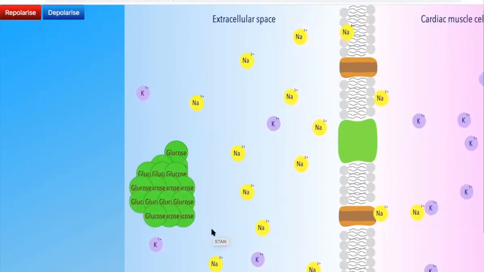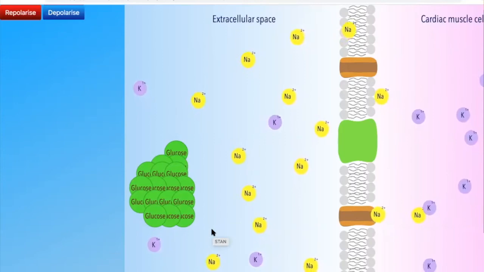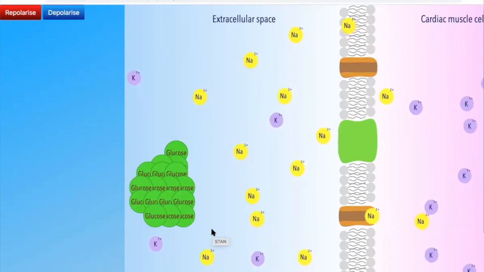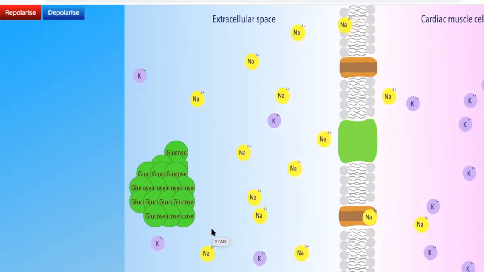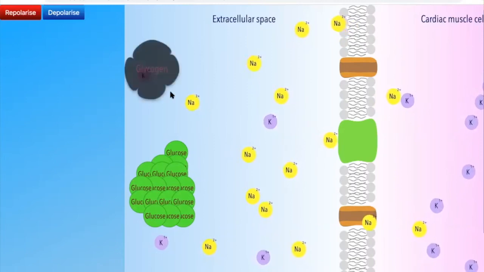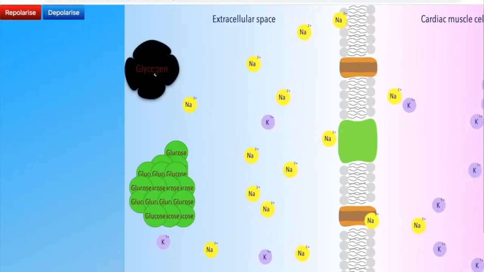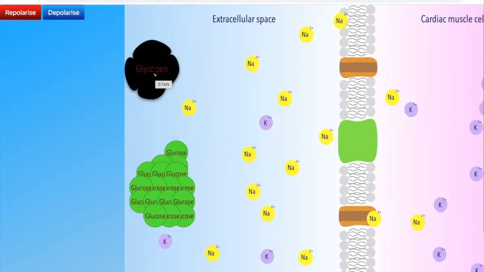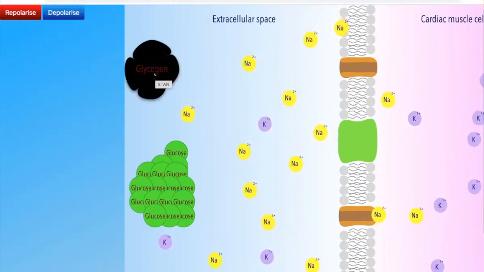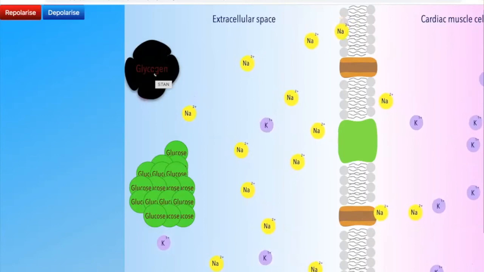Where do I get glucose from? Glycogenolysis. So basically I need to go back to the glycogen stores and get some more glucose, okay? Which can happen naturally. It's not an abnormal process. It's not an unnatural process.